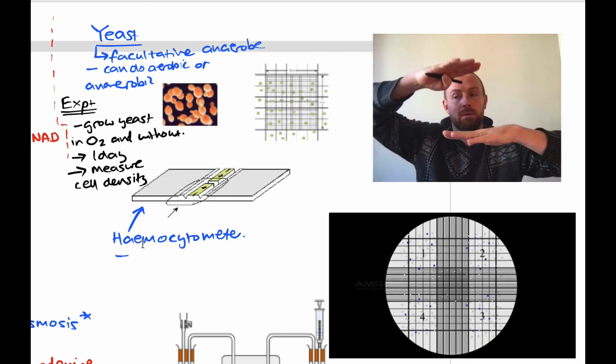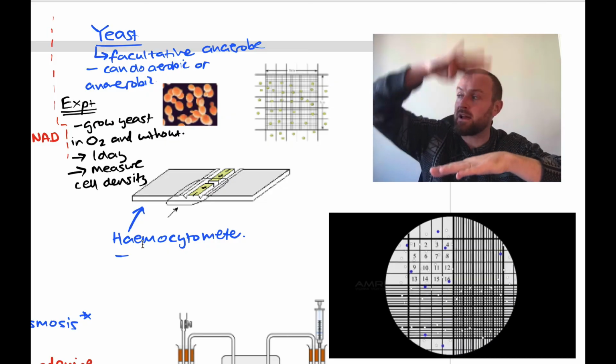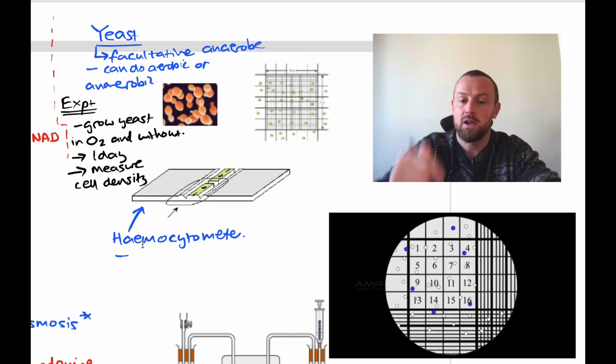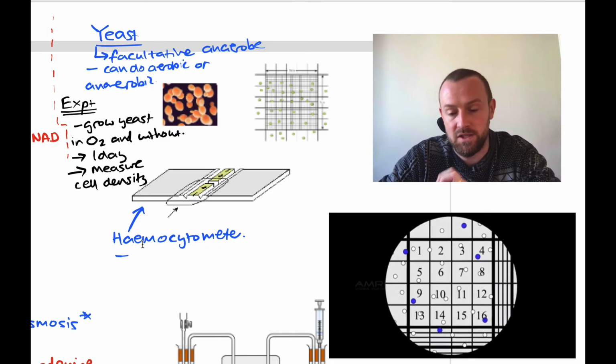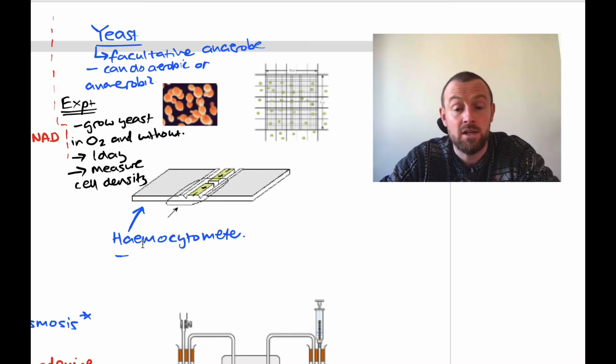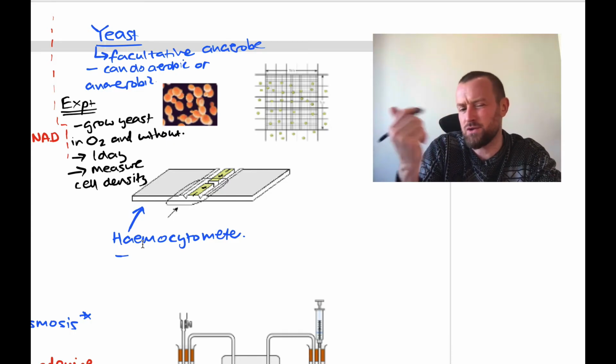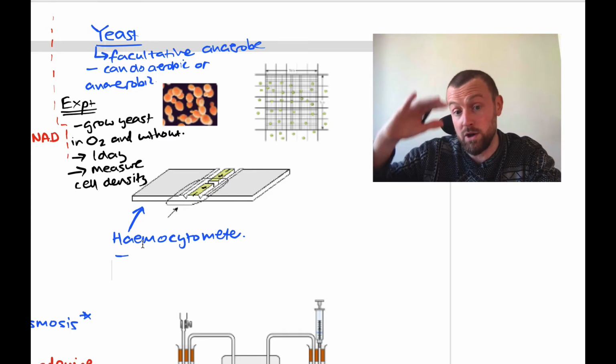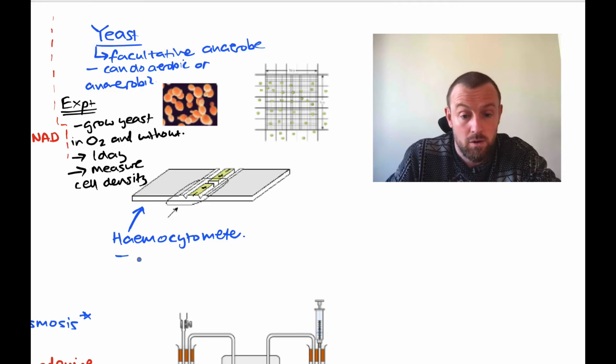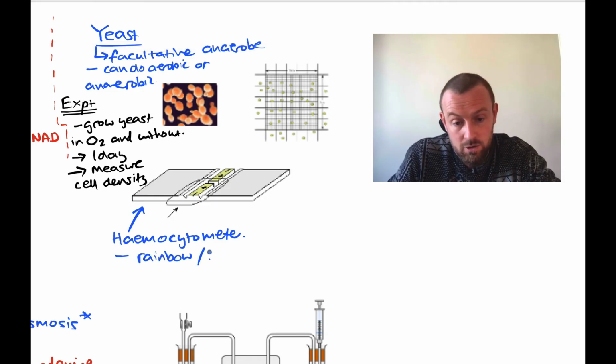The cover slip has to be not too squashed down, not too left up. It has to be at the right level. So there's an ingenious way that this can be calibrated. Basically, when it's at the right level, you get this rainbow pattern. It's caused by diffraction of light, but it's called Newton's rings. So you get this rainbow when you know the cover slip's in the right place. Rainbow, Newton's rings.